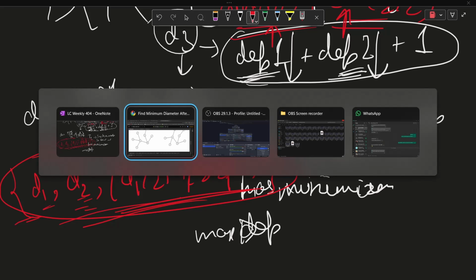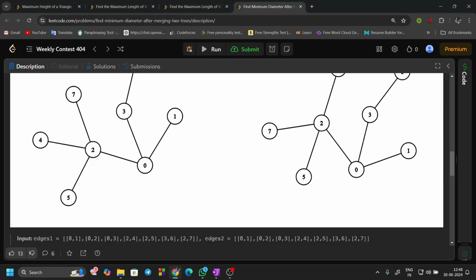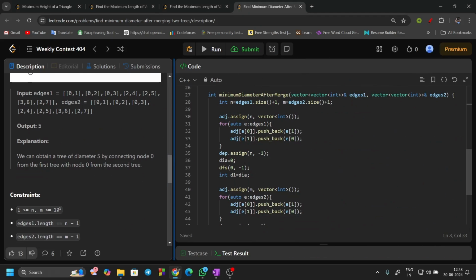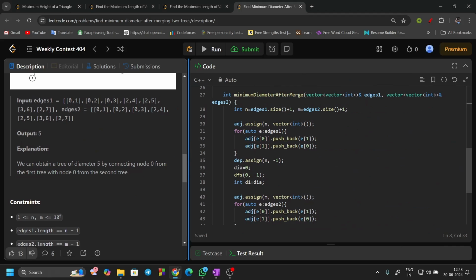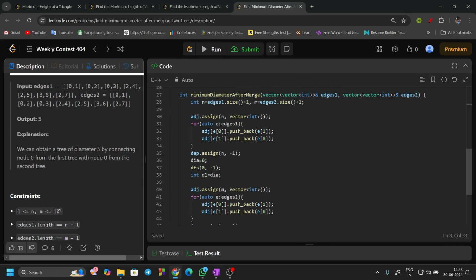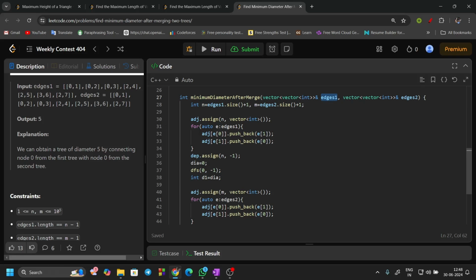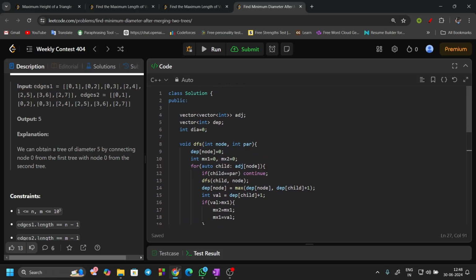Now let's look at the code. What we have here: we are given the edges of the first tree and the edges of the second tree. I initialized an adjacency list to store that tree.